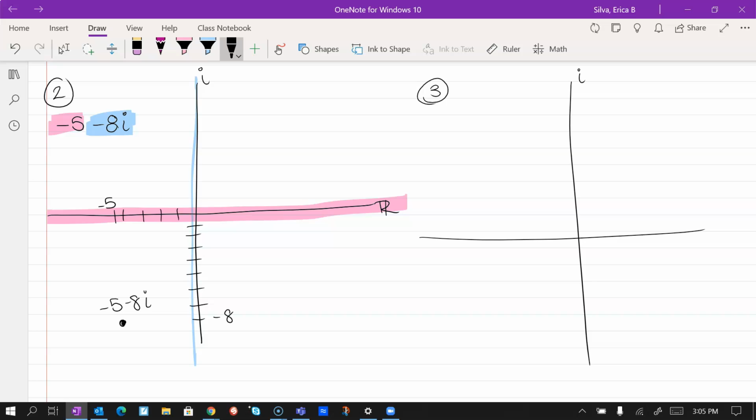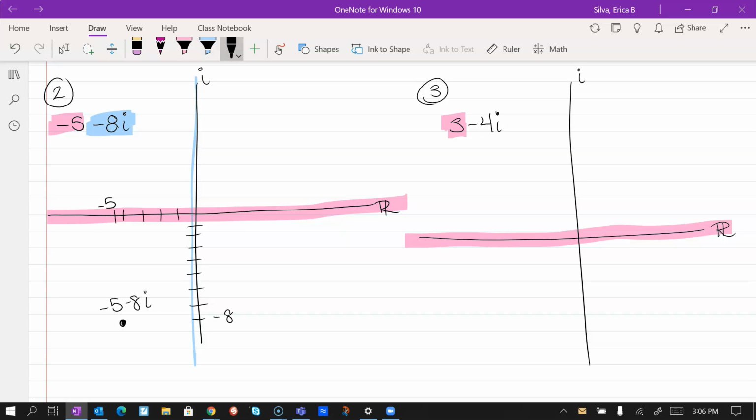Okay, so for the next one, go ahead and plot 3 minus 4i. Okay, so the 3 is going to be on your x-axis.